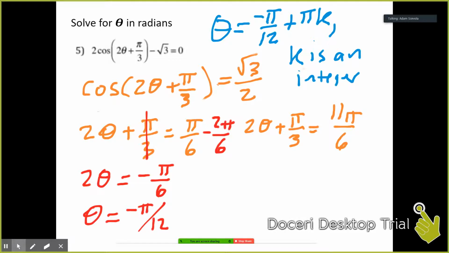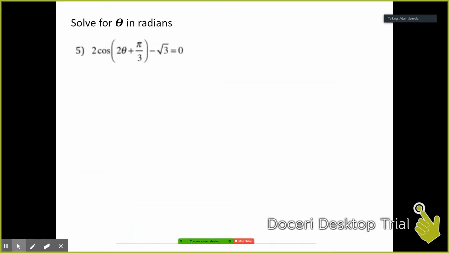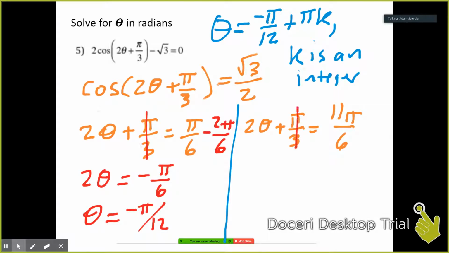All right, and then we do the same thing over on the right side, where we figure out what value of theta would make this equal to 11 pi over 6, because we know the cosine of 11 pi over 6 is root 3 over 2. So I'm going to figure that out by solving this. Subtract pi over 3 on both sides, which is equal to 2 pi over 6.